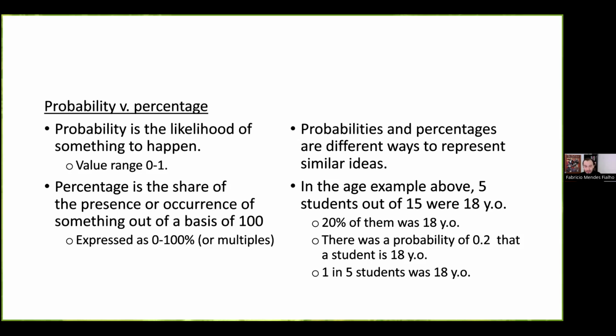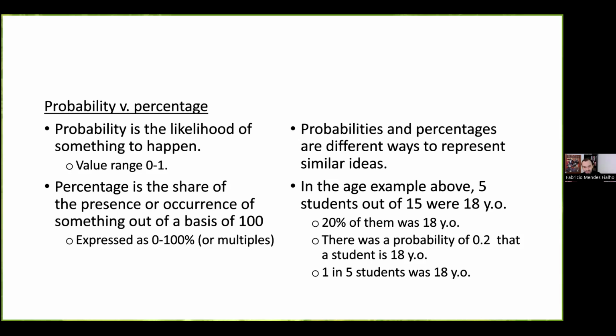As we can see, to convert a probability into a percentage, basically we multiply the number by 100, and to convert a percentage into a probability, we just divide the number by 100.